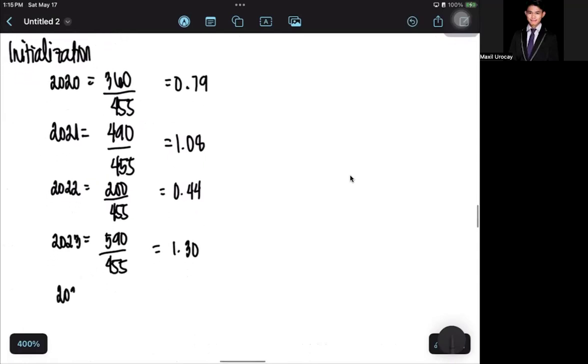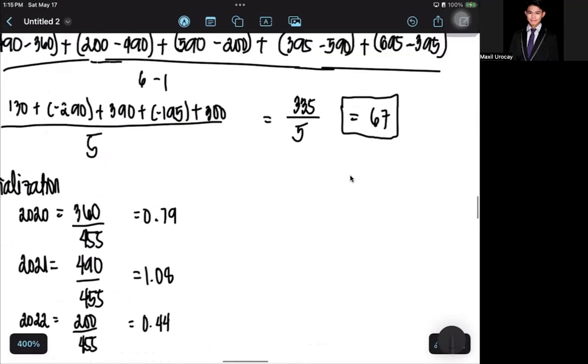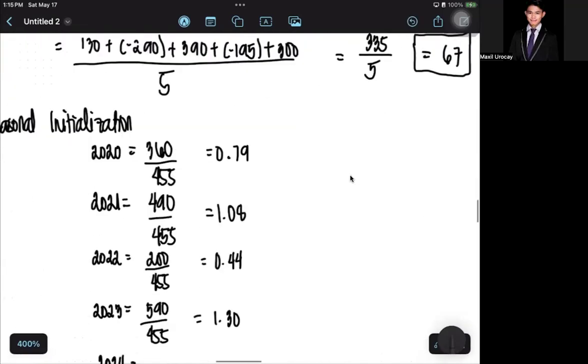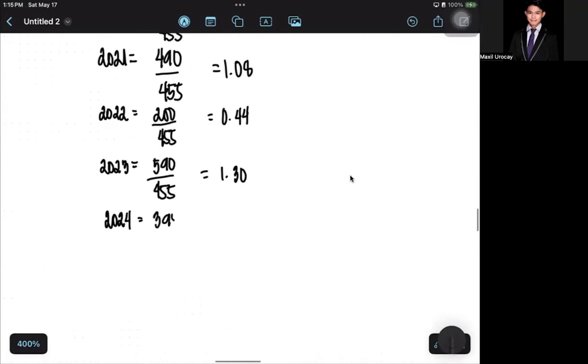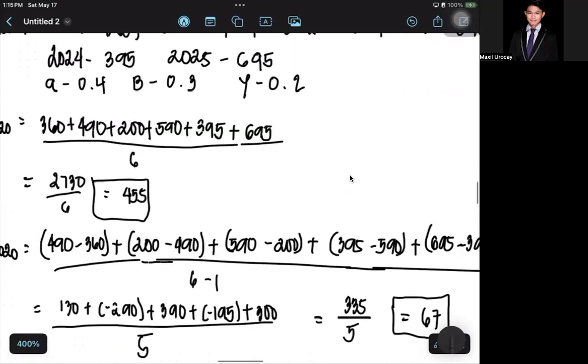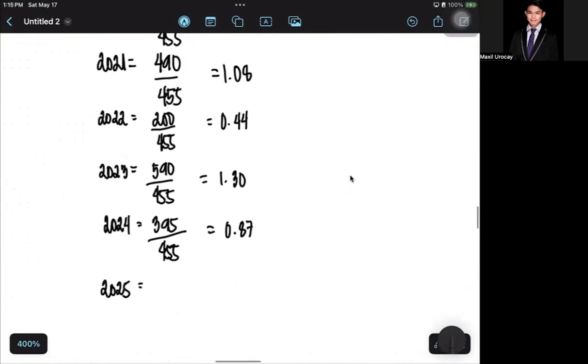For 2024, 395 divided by 455 is 0.87. And for 2025, 695 divided by 455 is 1.53.